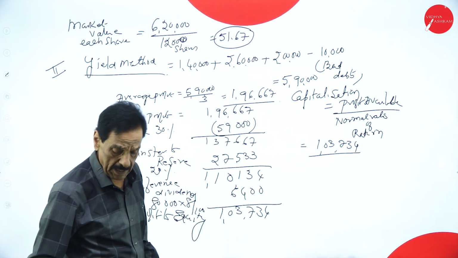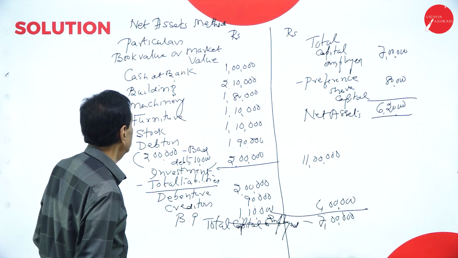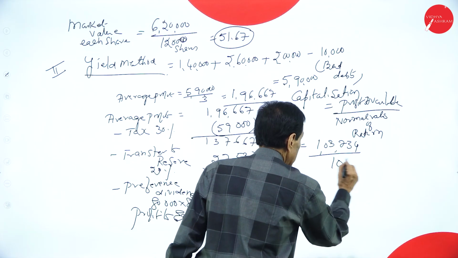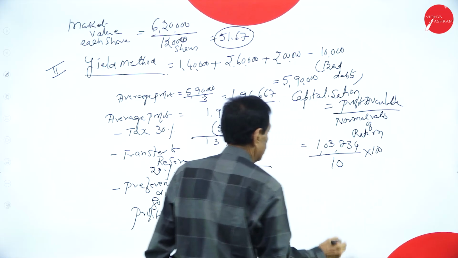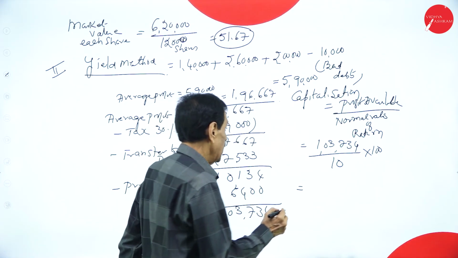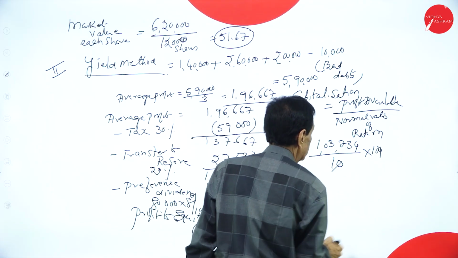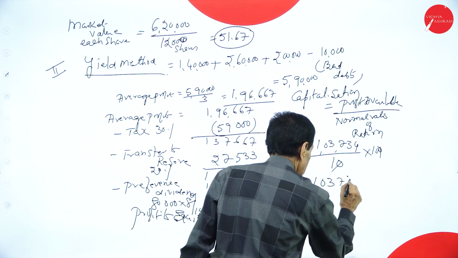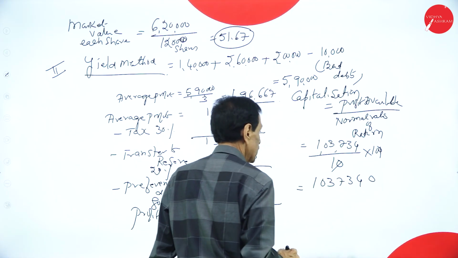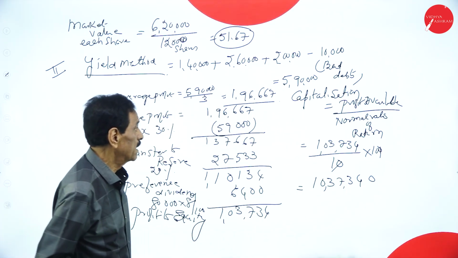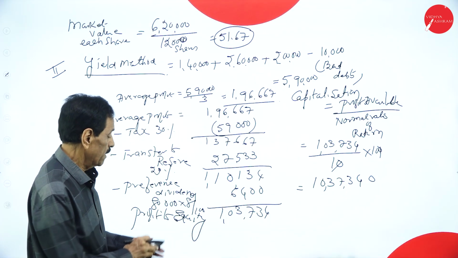What is normal rate of return? Expected profit, 10%. Divided by 10 into 100, so it is 10 lakh, 0 cancelled out. 1,03,734 followed by 0, so 10 lakh 37,340. Capitalization of profit.